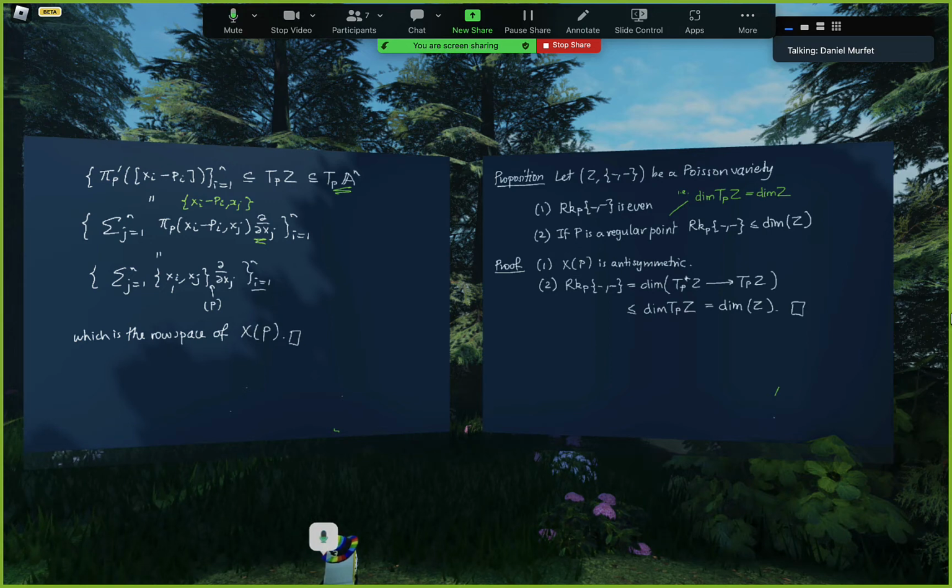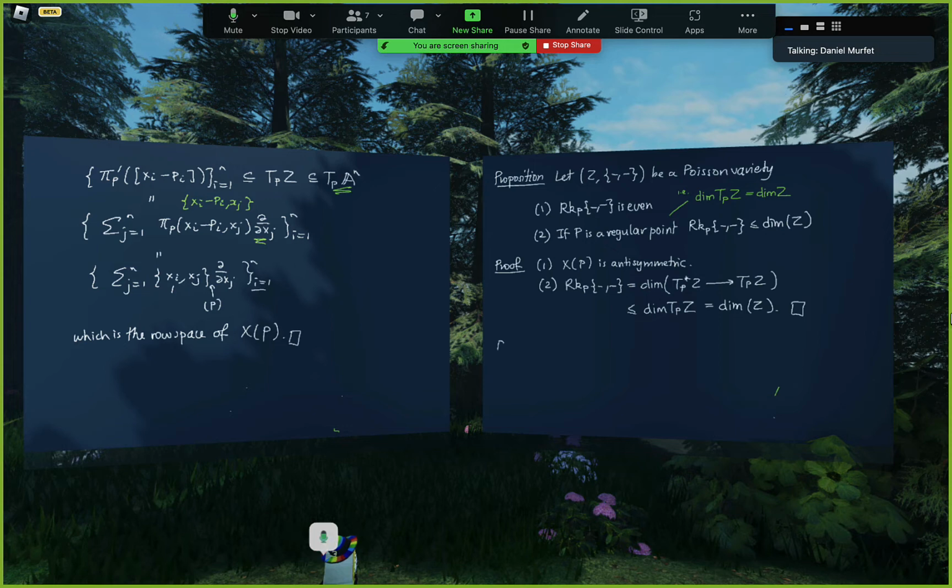So it's only clear from the presentation of the rank in terms of this bilinear form connecting the cotangent and tangent space that the rank is bounded above by this. Okay, so this is the important local invariant of a Poisson variety and also of a Poisson manifold.